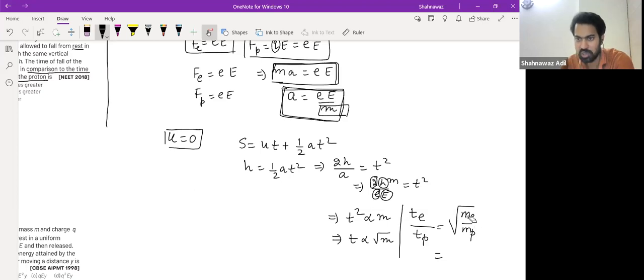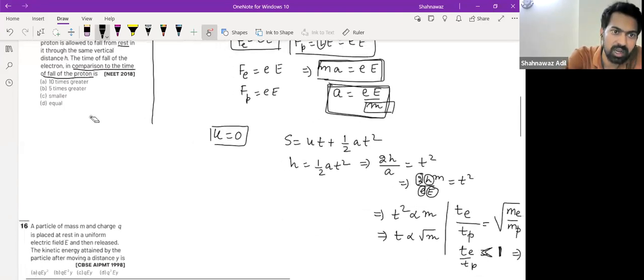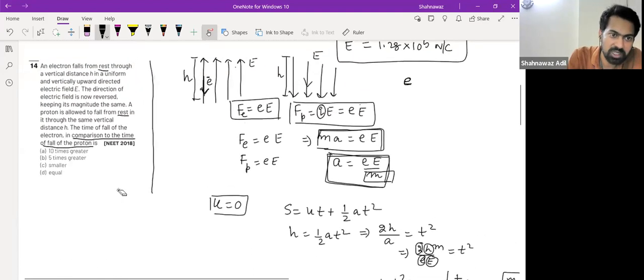So this quantity is less than 1 or greater than 1? Less than 1, right? So TE by TP would be less than 1. So we can say that TE is smaller than TP. So the electron takes less time than the proton, right? Understood. So the answer would be smaller.